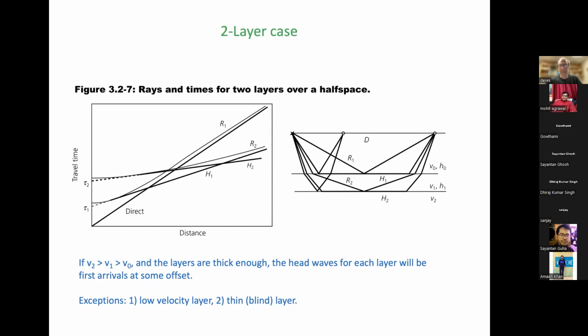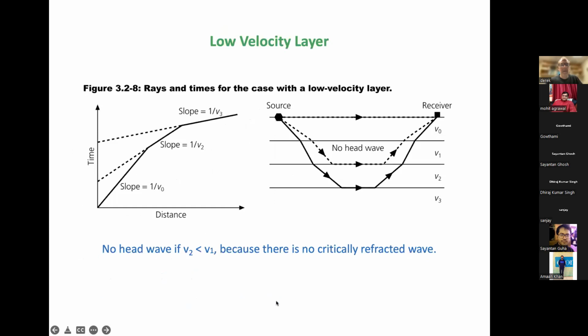Now, there are exceptions to this, and that's the low velocity layer or a thin layer. If V2 is less than V1, we won't have a head wave here because there will not be a critical angle. The ray will refract downward rather than upward.